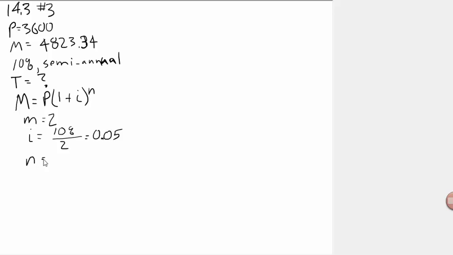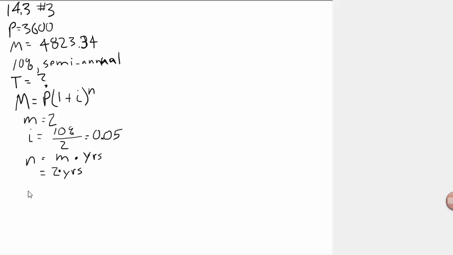And finally, N. N is M times the number of years. Years is what we're looking for. We have M equals 2, and that will be important. We say N equals 2 times the number of years.